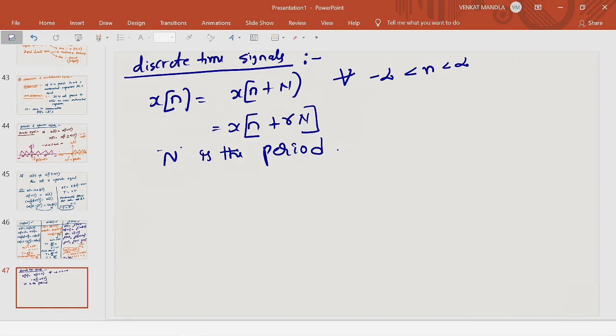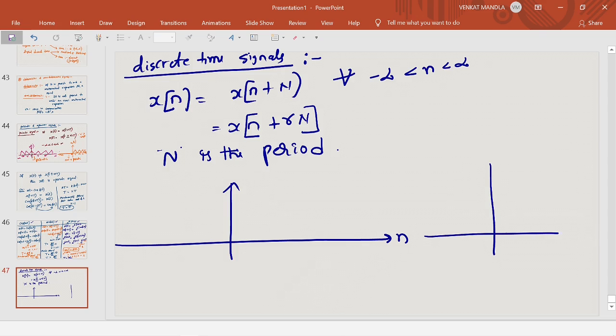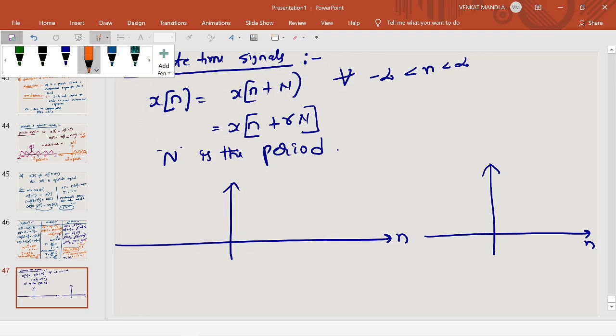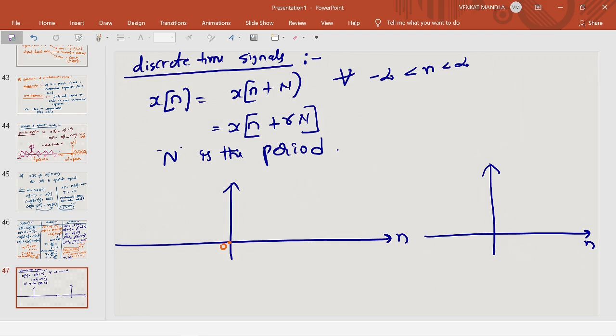Okay, so for example, the discrete time case, this is n. We'll do aperiodic also. Suppose 0, 1, 2, 4, 5, 6, 7.